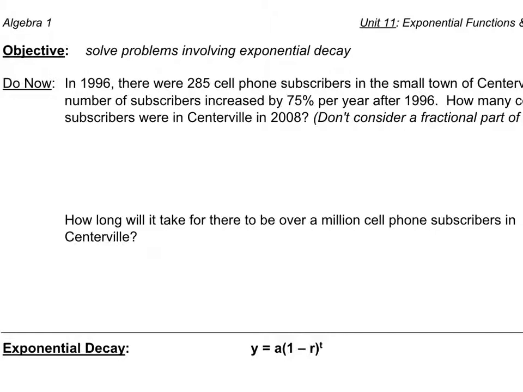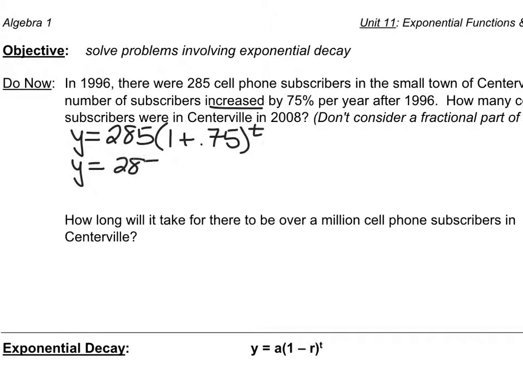So y equals the original amount, 285, times 1 plus, because we're increasing, 0.75 to the t power. All right. The cleaner version of that is 285 times 1.75 to the t.